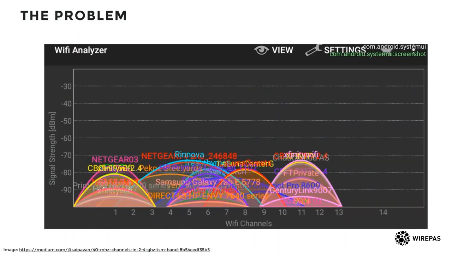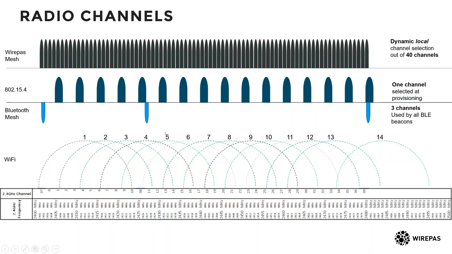So if we jump back here and look, we'll see that there's a brief space in between channels 3 and 4 as it's labeled here in the Wi-Fi, and 8 and 9. It's actually a little narrower than that. And if you look at where things are positioned, Bluetooth has chosen that on either side of channel 1 and on the outside of channel 11 to place their advertising channels for their Bluetooth mesh.